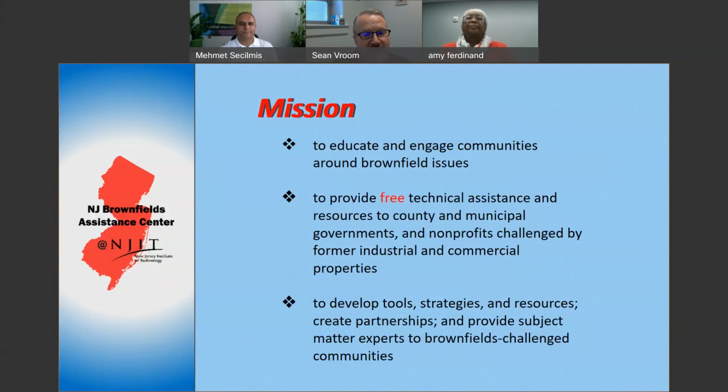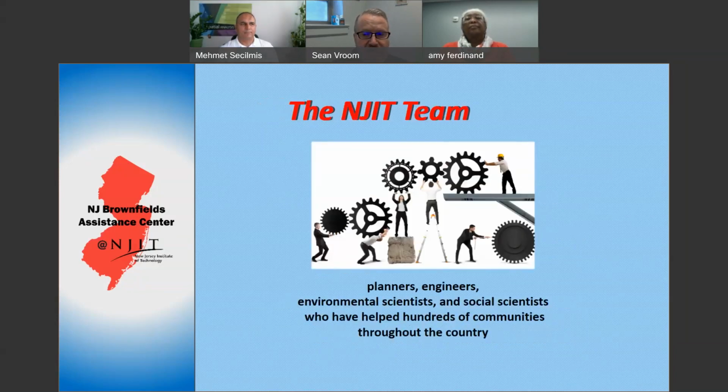And lastly, to develop tools, strategies, and resources, create partnerships, and provide subject matter experts to brownfield challenged communities. The team includes planners, engineers, environmental scientists, and social scientists who've helped hundreds of communities throughout the country.